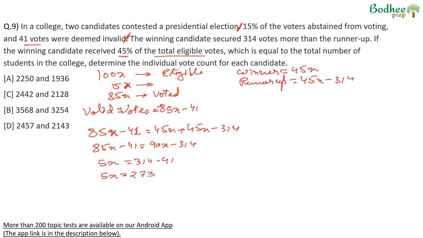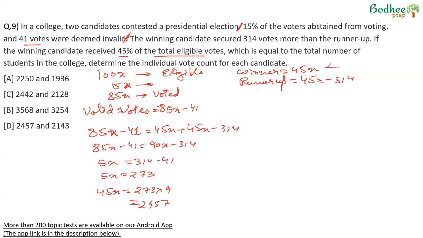We have to find out the vote count for each candidate. So what we can do is multiply this by 9, we get 9 5s are 45x is equal to 273 into 9, which will be 2457.